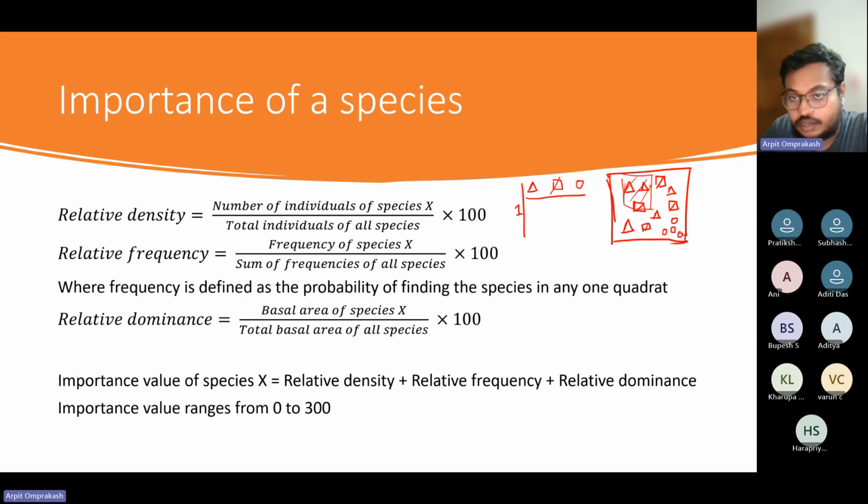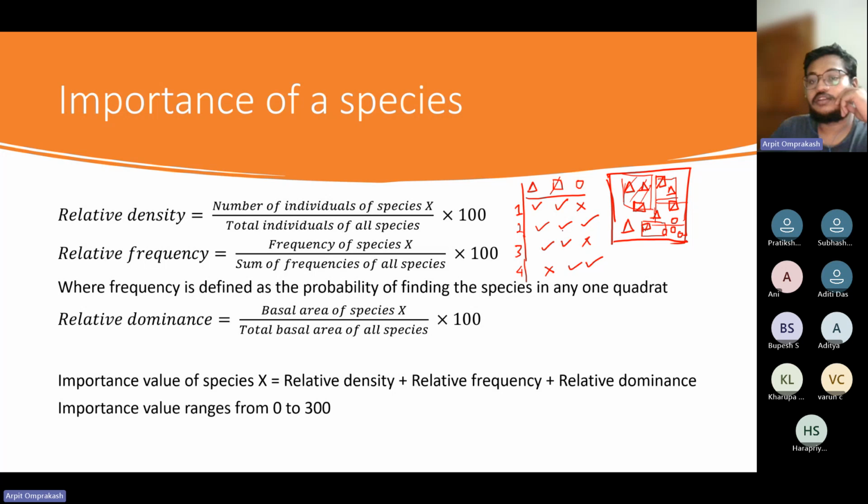So in quadrant one, we have this species and this species. We don't have this. In quadrant two, we have all three. Right. Let's say we have another quadrant here where we have both of these species again. And then we have another quadrant here where we have these two species.